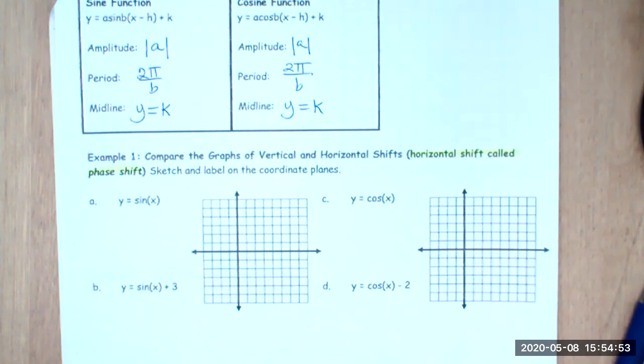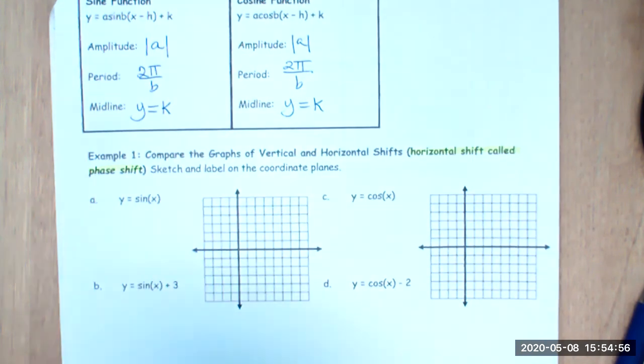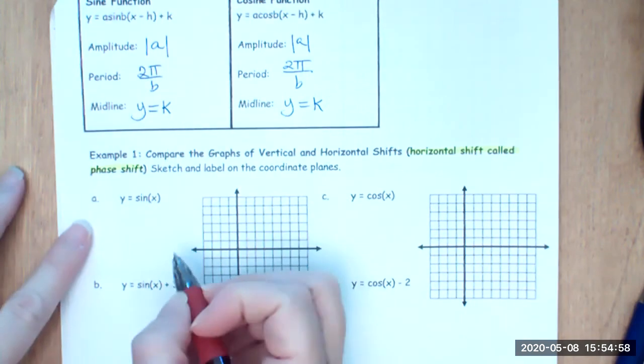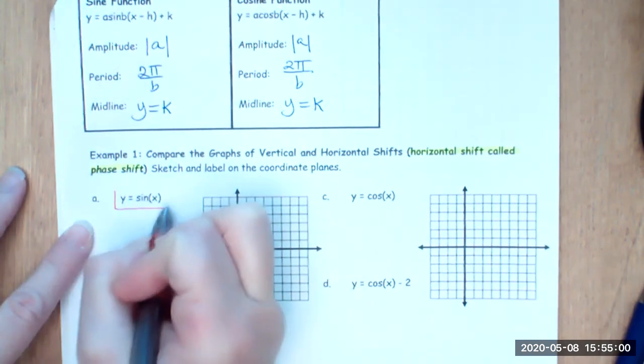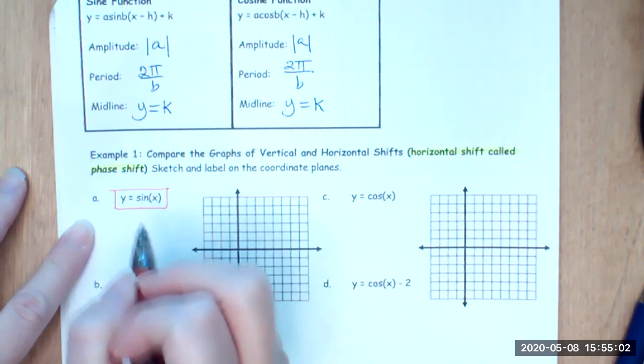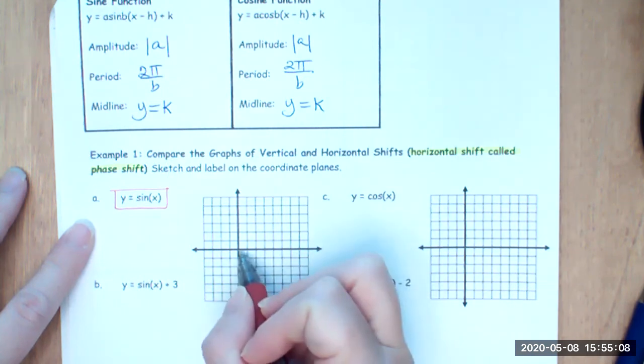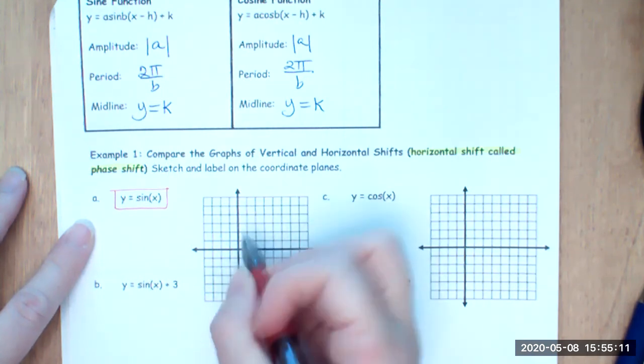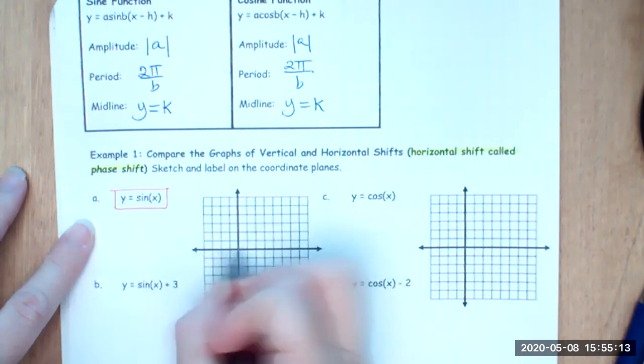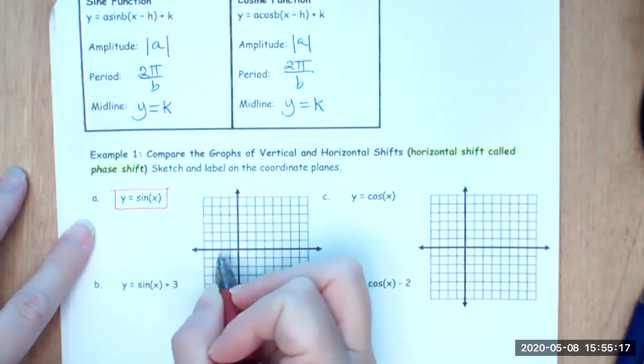Okay, so for example here, let's look at the parent function y equals sine of x. If we remember, looking at parent values, you'll notice that we also put in some values on the negative x-axis too. So I'm going to include some negative radian values as well.